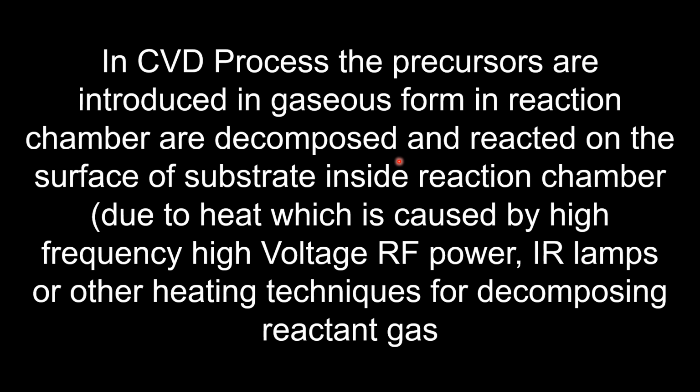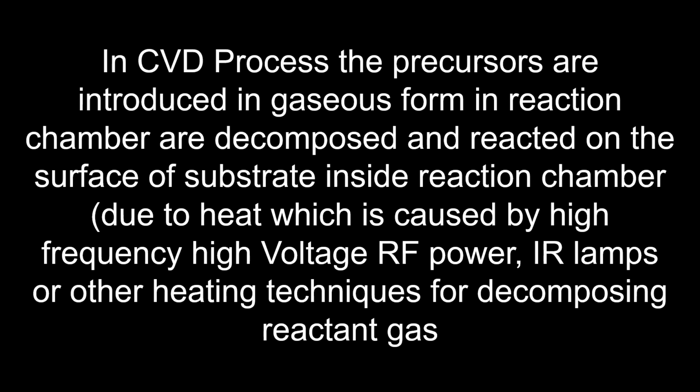Apart from conventional IR lamps, there are different ways, like you can introduce radio frequency power or high voltage RF power, which basically converts the precursor material, which is in the form of gas, into a plasma. And after the conversion of the precursor material into a plasma, it gets reacted onto the surface of the substrate and converted into a thin film.